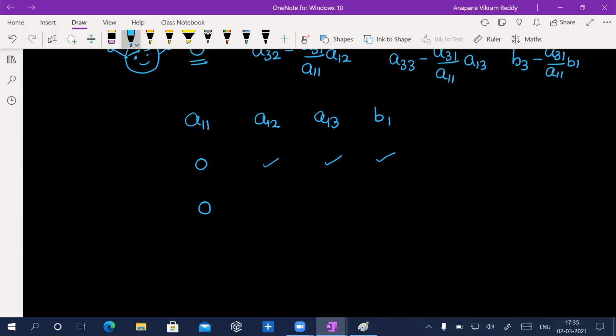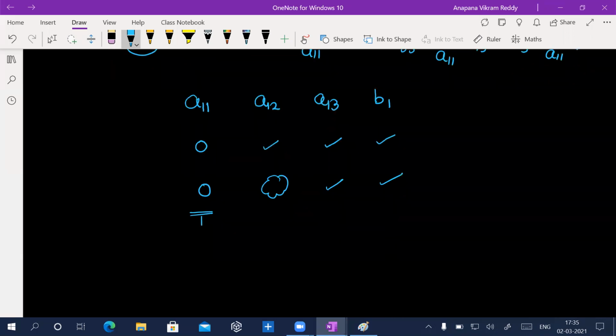Now this is the end of step 1. At the end of step 1, first of all you see this particular column, and this you expect in an upper triangular matrix. And by the end of step 2, what do you see now?